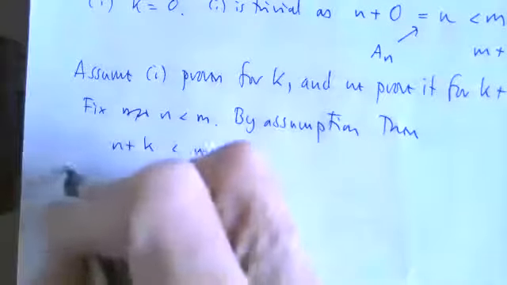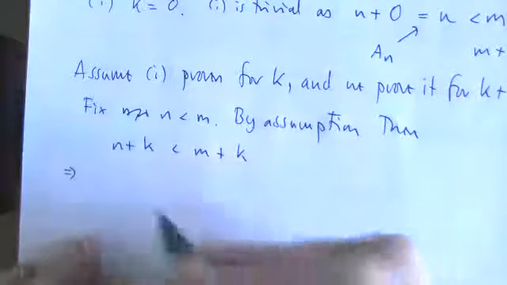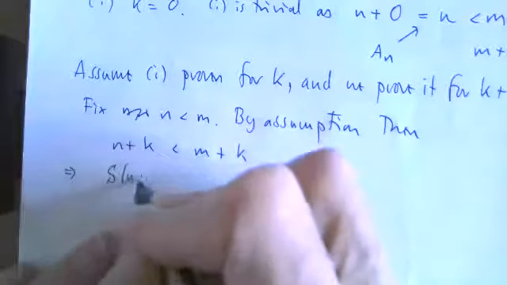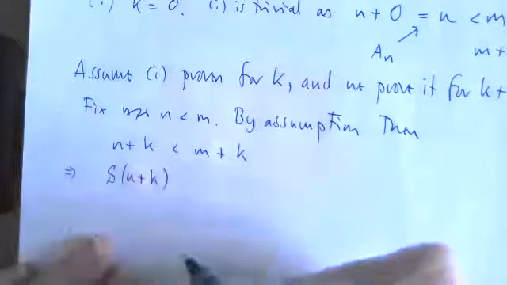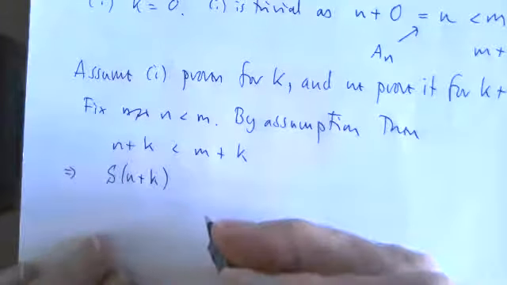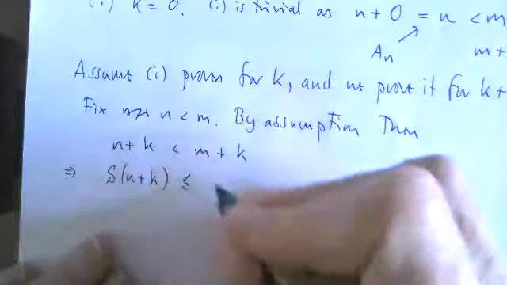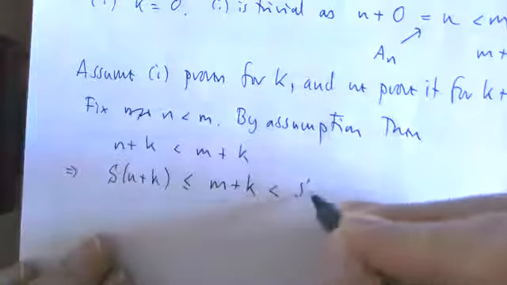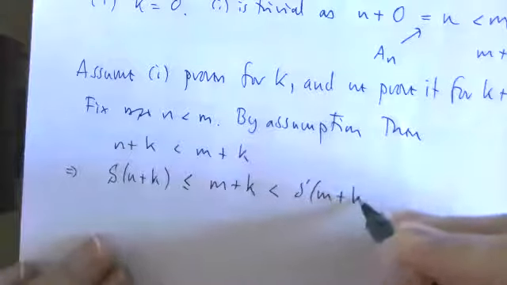But then this implies, if I go one more beyond here, the successor of n plus k is going to be less than or equal to m plus k, which is less than the successor of m plus k.